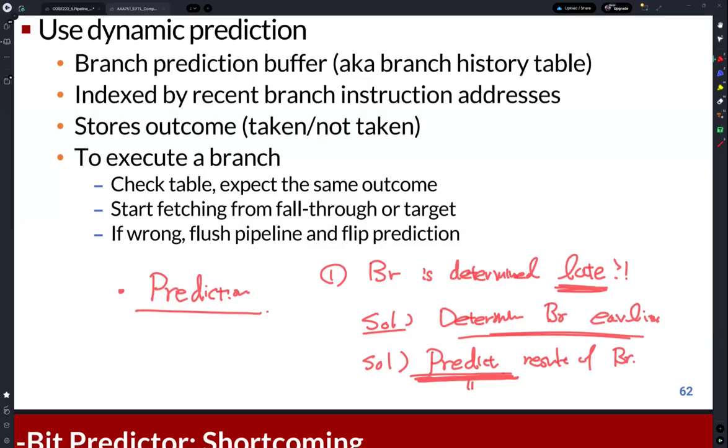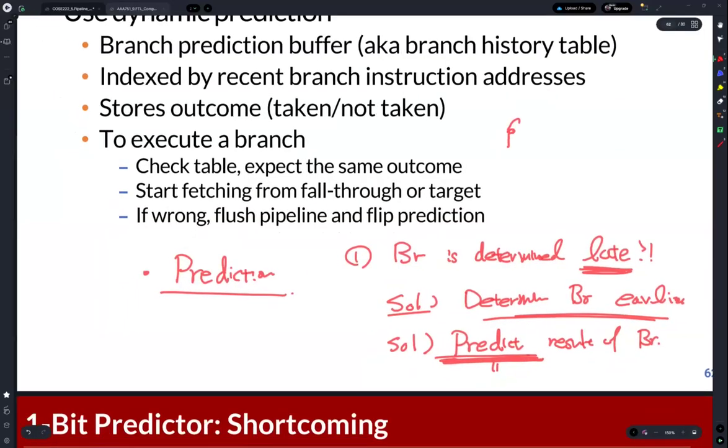And then when is the prediction good? So we can predict some result by some probability, right?